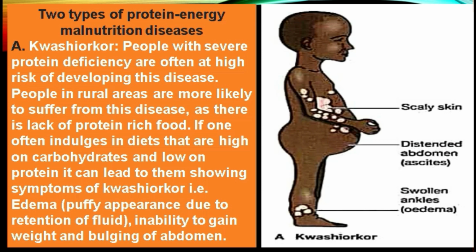Edema means swelling and an enlarged liver with fatty infiltrates. As you can see here, this child has a large swollen belly. Students, kwashiorkor is caused by sufficient calorie intake but with insufficient protein consumption. Kwashiorkor cases also occur in areas of famine or poor food supply.